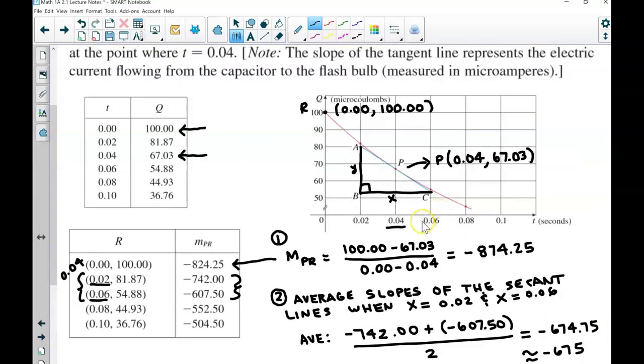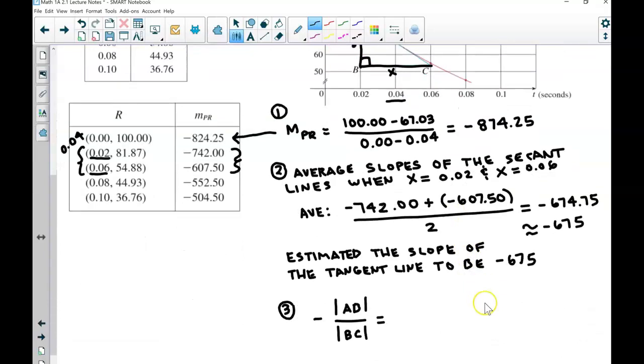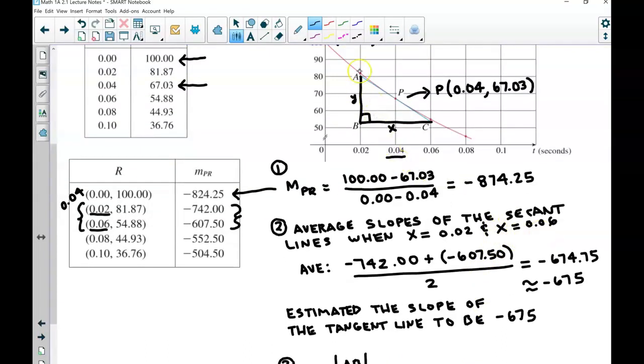Now, how do we determine that? Well, again, we know that it's going to be negative. And what is the distance from A to B?